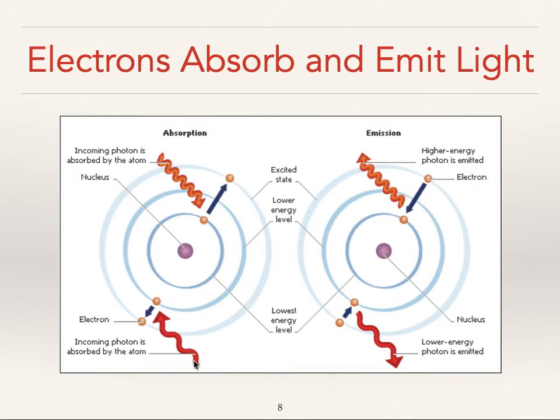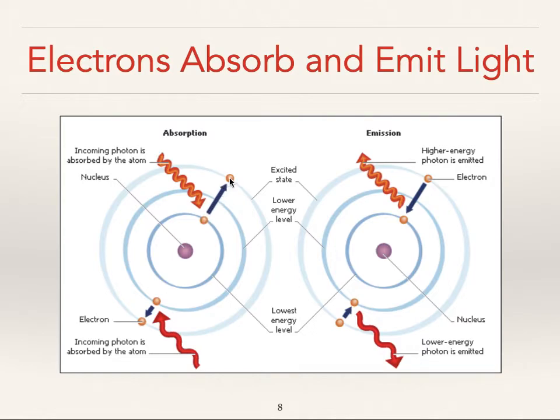Now, before we move on to the emit part, there are different kinds of photons. There are different frequencies and wavelengths and energies of light. What's happening down here is we're showing an electron that is not on the first ring, like this one was. This electron is now in the second ring. It's absorbing a longer wavelength of light. Longer wavelength means less energy. This photon has more energy.